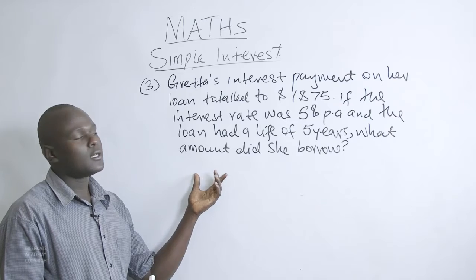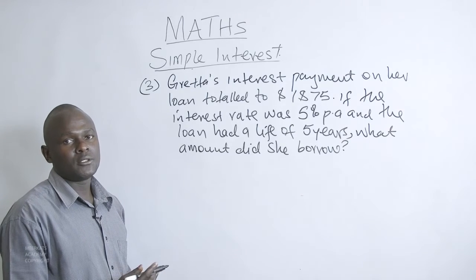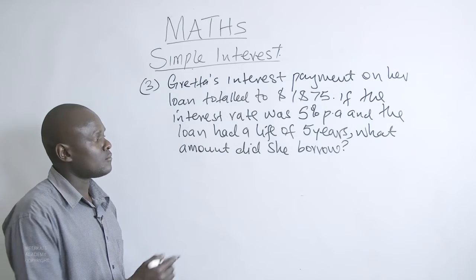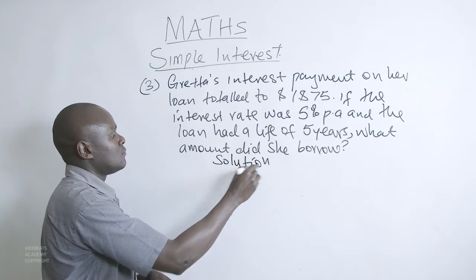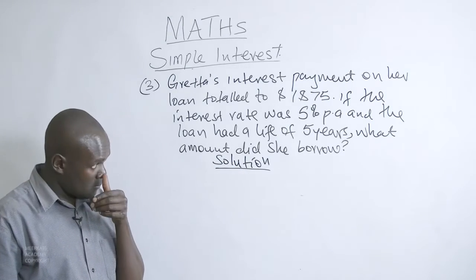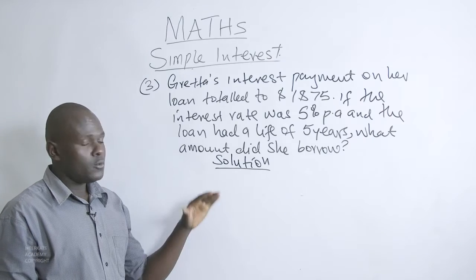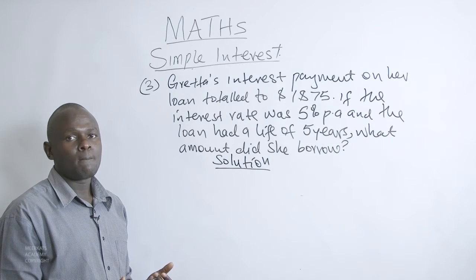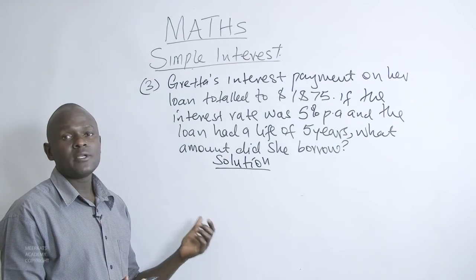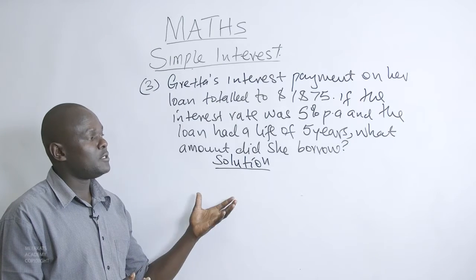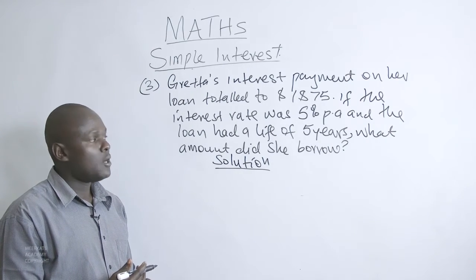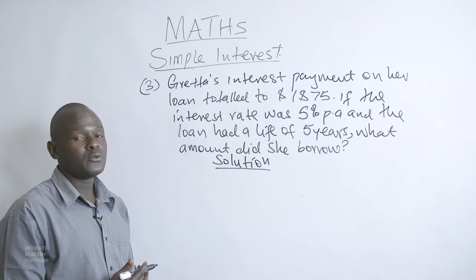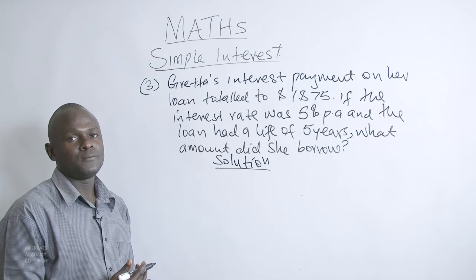We are asked to calculate the amount that she borrowed. So we are going to identify the components of the simple interest formula that we have been provided with before we calculate the amount that was borrowed. And this amount that was borrowed, we are referring to the principal amount.